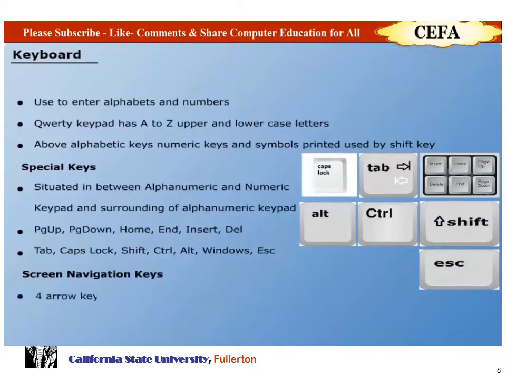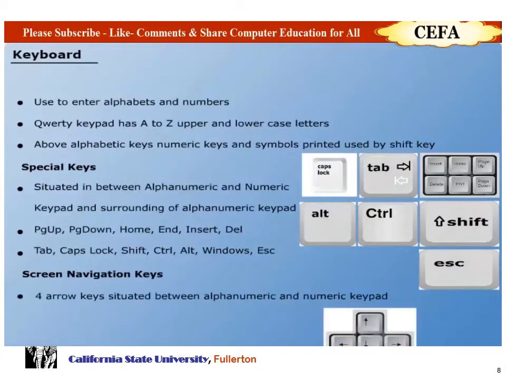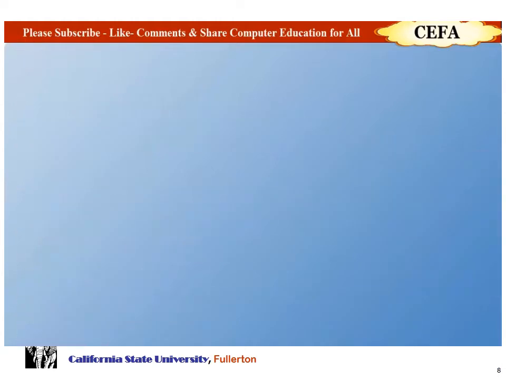These are called arrow keys situated between the alphanumeric and numeric keypad. These are 4 arrow keys: left, right, up and down arrow keys. These are used to move the cursor anywhere on the screen.